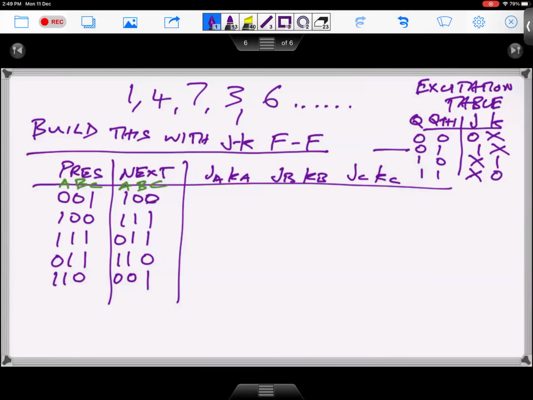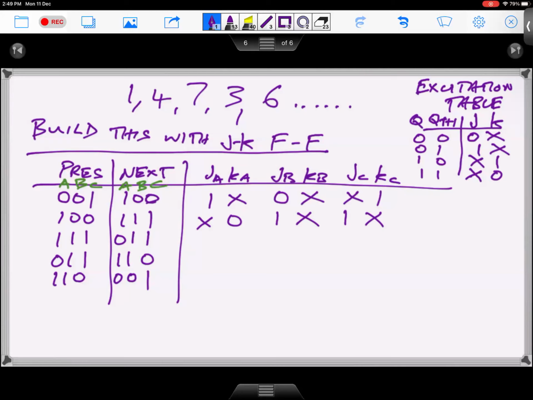So we have to write 1x. Then we're going from a 0 to a 0 on the B. And a 1 to a 0 on the C. Then we have 1 to 1. We have 0 to 1. And 0 to 1 again.